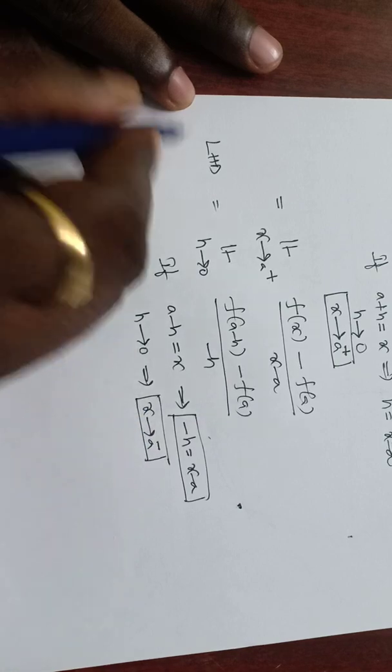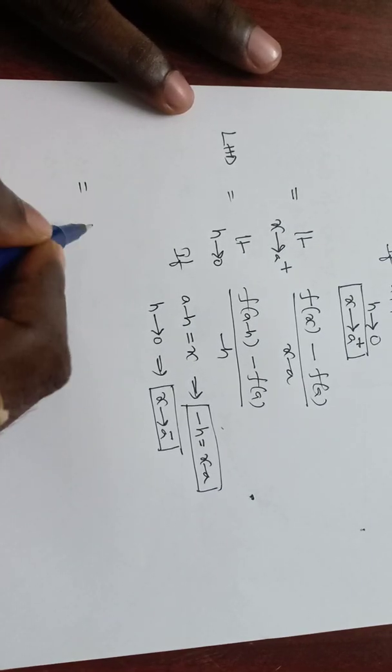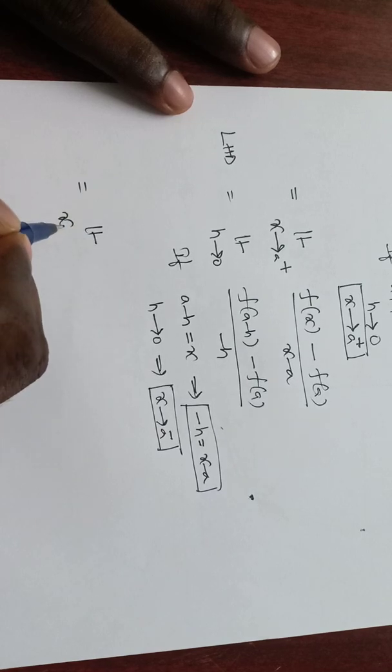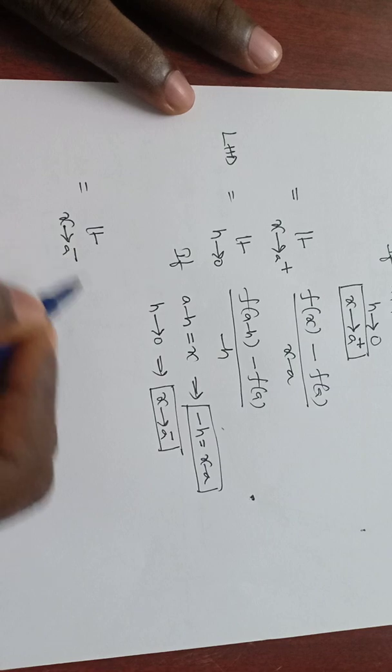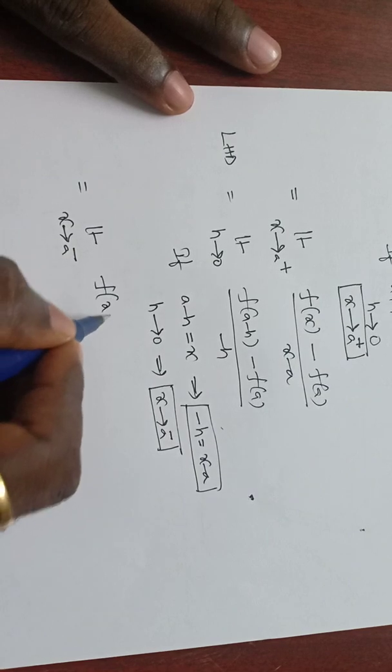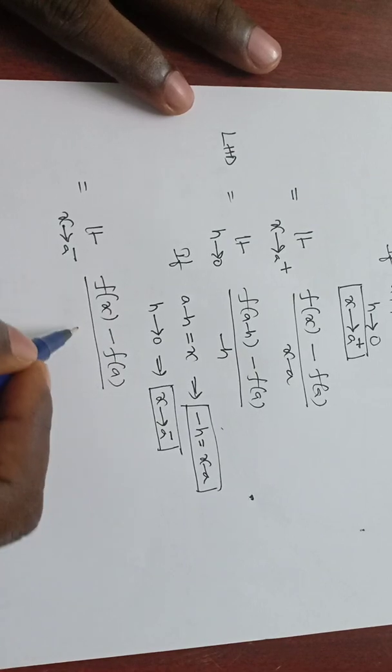Why? Because it is the left hand derivative. Now clearly, in place of h tends to 0, we need to take x tends to a minus, f of a minus h is f of x, and minus h is x minus a.